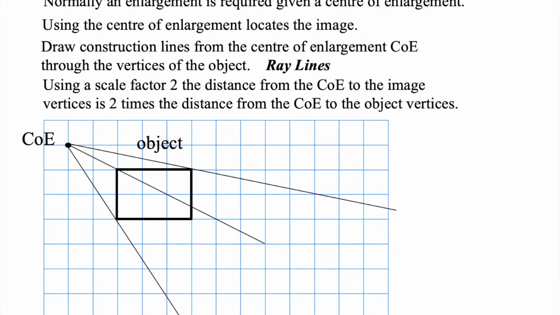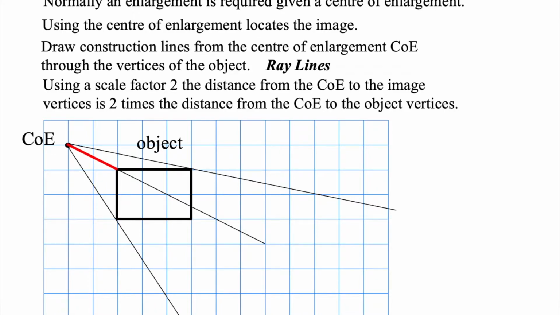After you draw all your ray lines, the next thing you do is ask, what is the distance from my center of enlargement to the first corner, and then what is the distance from there to there, and from there to there. Let's look at the first one.